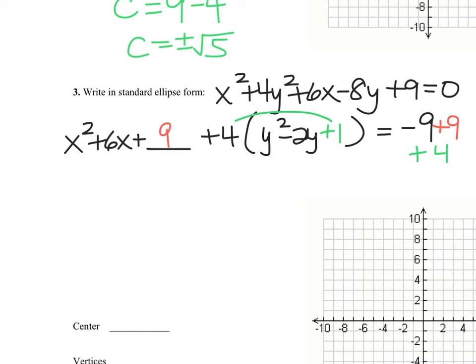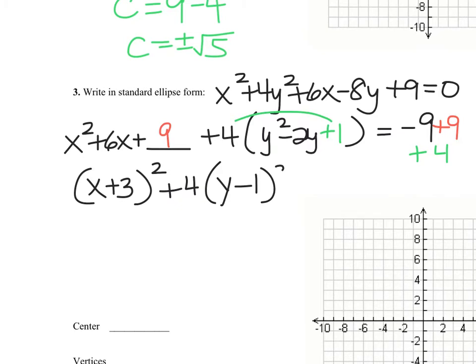Once you've completed the square, they are perfect square trinomials, so they will factor as one binomial squared. This one factors as x plus 3 squared. It's always half the middle term. Plus 4 times y minus 1 squared equals -9 plus 9 plus 4, which is 4.